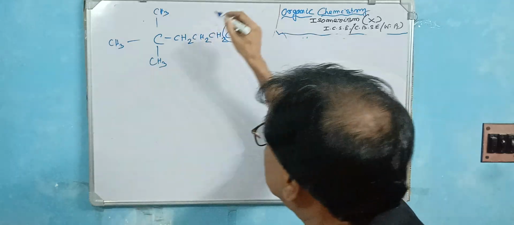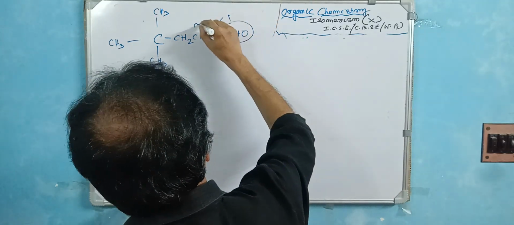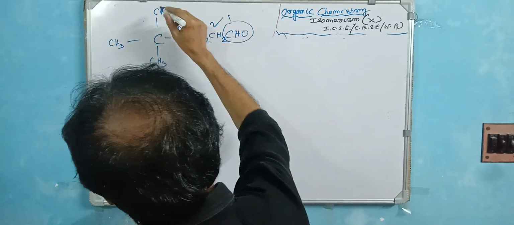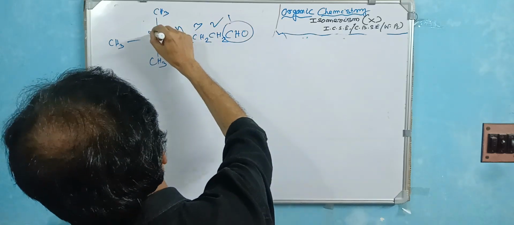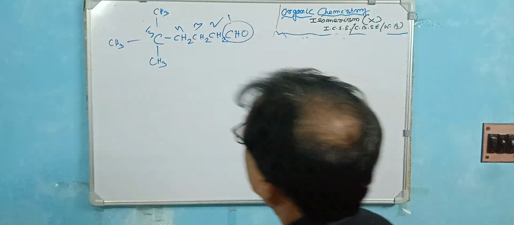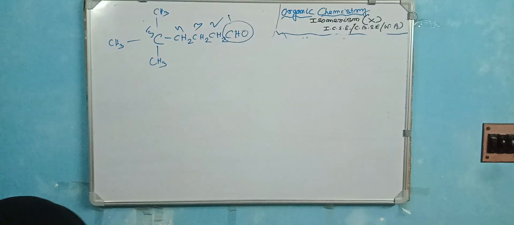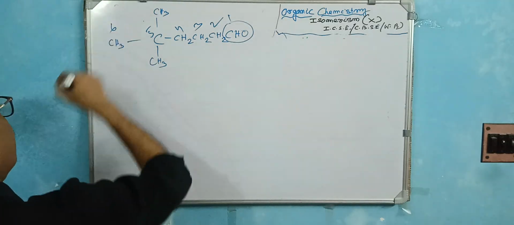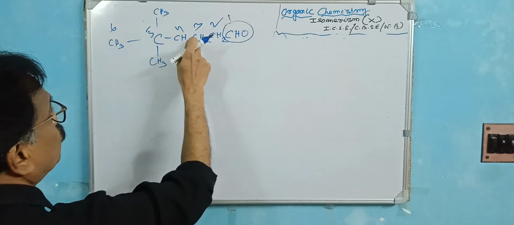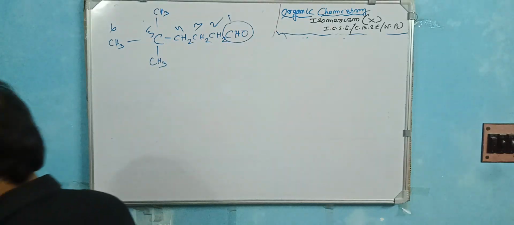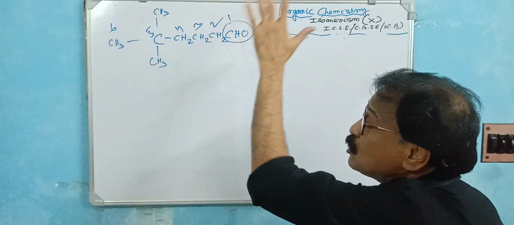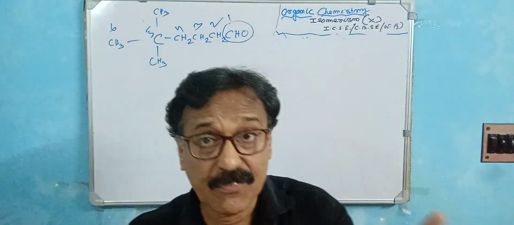Now we start numbering: 1, 2, 3, 4, 5, and 6. Is that okay? Numbering, because CHO is the lower condition. First priority is this.